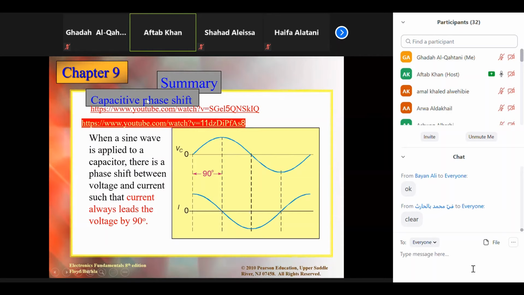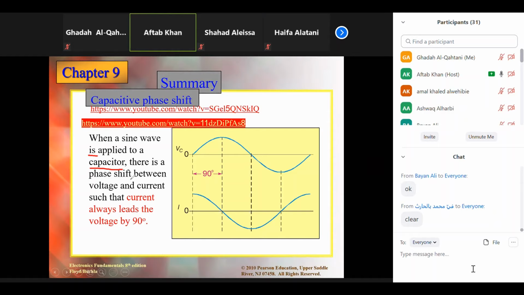Now, capacitive phase shift, which is again very interesting. If we have a circuit in which we have a capacitor, there is a property of a capacitor. When a sine wave is applied to a capacitor, there is a phase shift. This is a property of a capacitor.